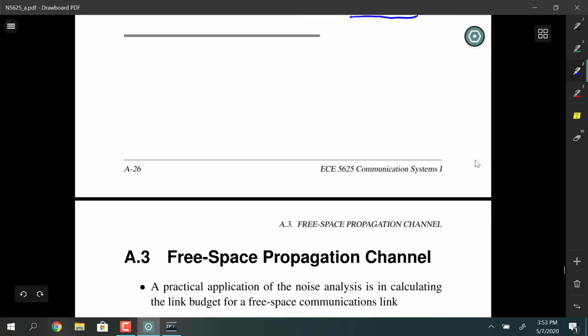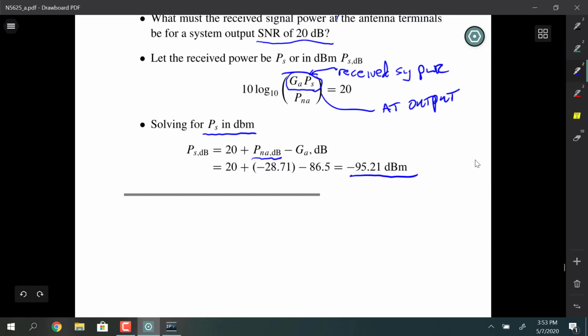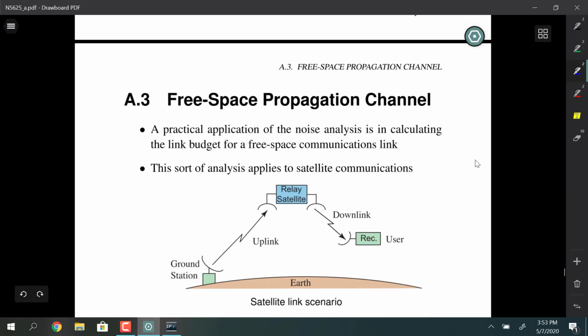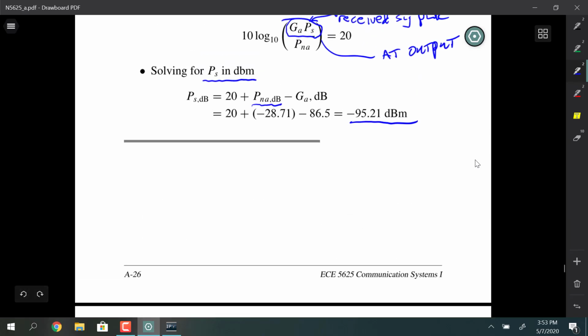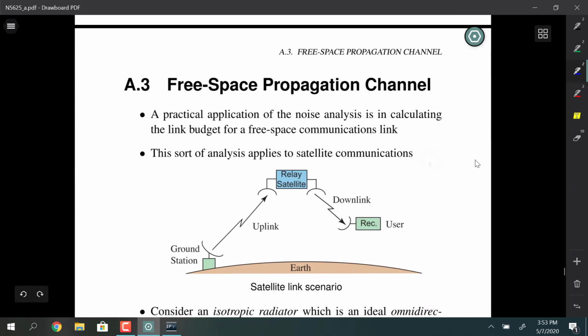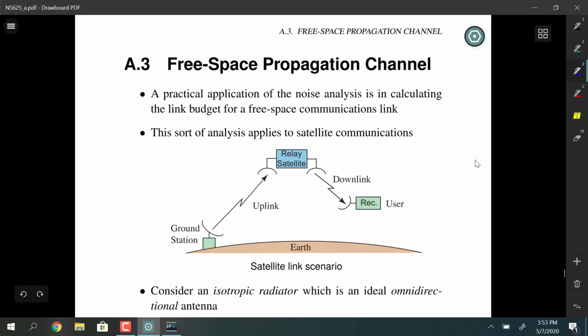So that's that type of calculation. The last type of calculations add a little more realism by saying we're going to propagate from one location to another. This measurement was just at the receiver front end, saying we would have to have minus 95.21, but suppose we want to design from the transmitter to the receiver and all the way through the receiver front end with the noise.